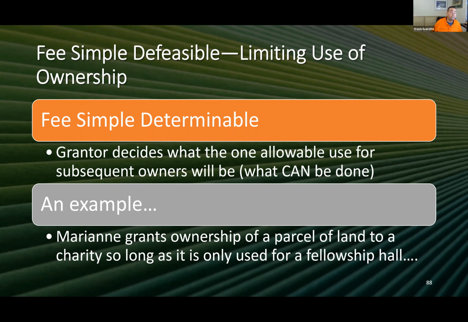Now, here's what you need to understand. The grantor is not just determining what the grantee right now can do with the property. How many owners are going to have to follow that restriction? All of them. Every single one in the future. So is it possible for a grantor, as an example, let's say a church comes to me and they want me to donate land to them so that they can build a fellowship hall.